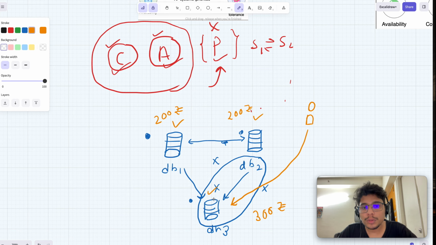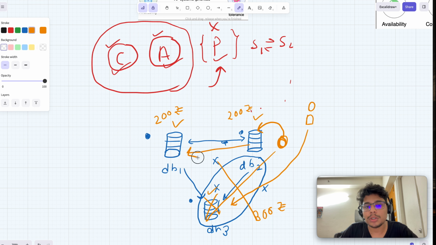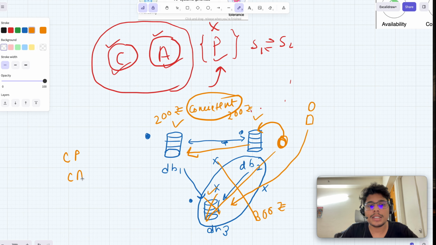So we have to take it down. If the server is completely down and the load balancer suggests that this server is taken down, just update the data over this DB and it replicates the data to this DB also. So it's consistent. So this is CP and AP.